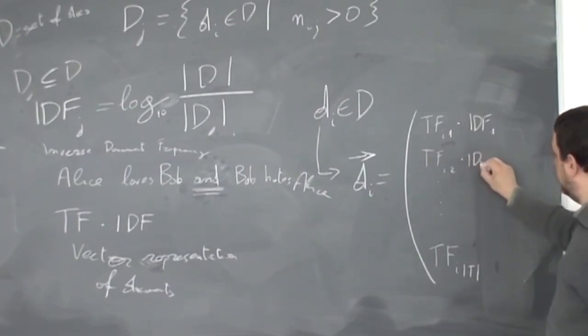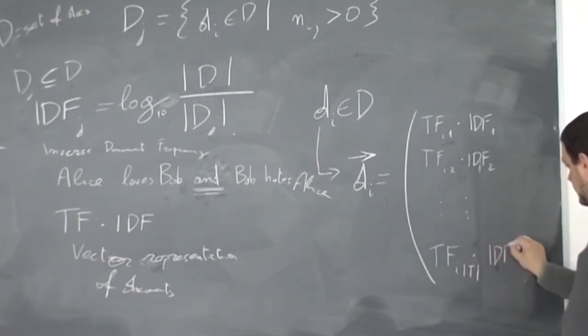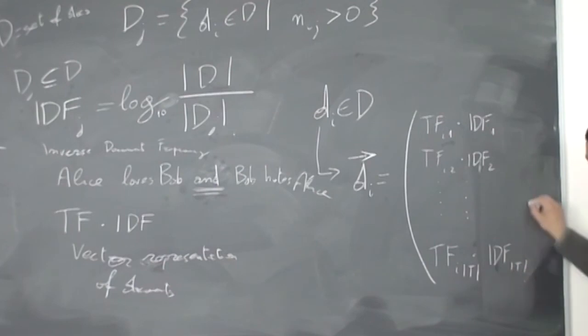So TF1 times IDF1, TF2 times IDF2, and so on, until the last term.